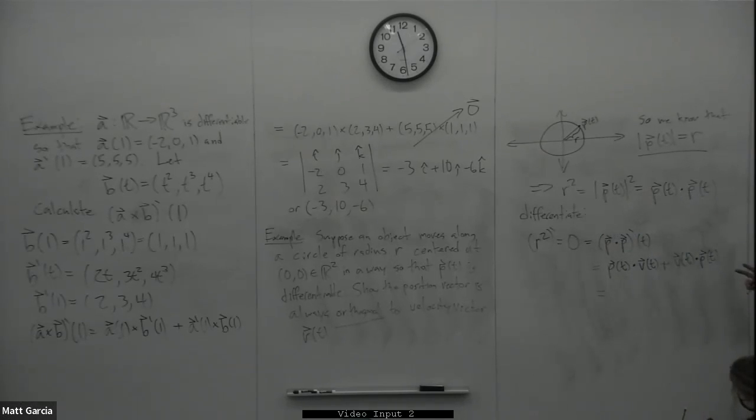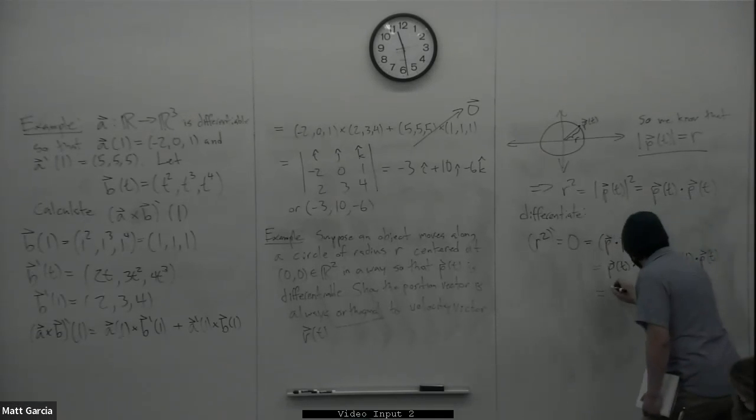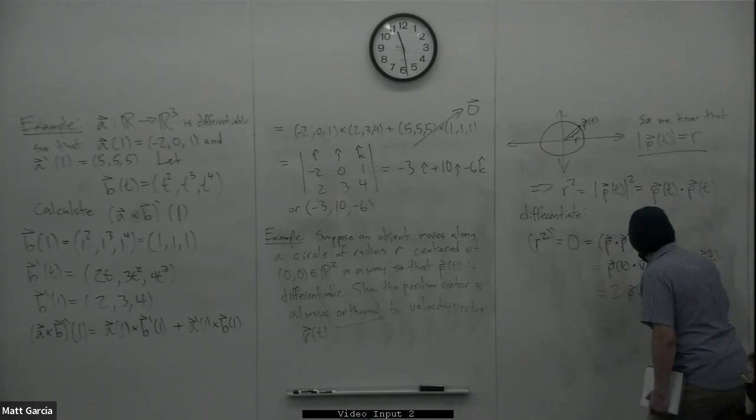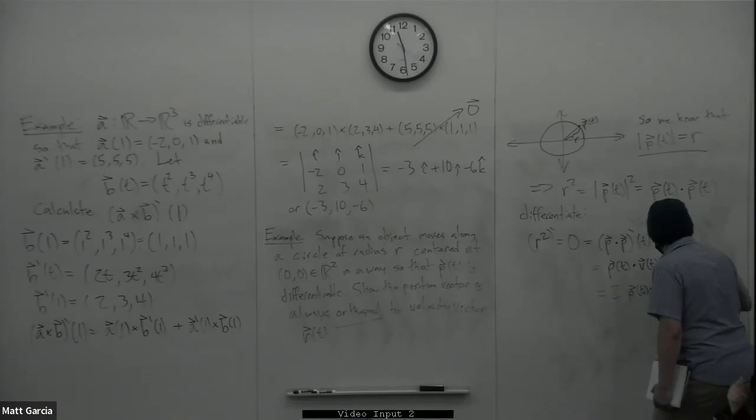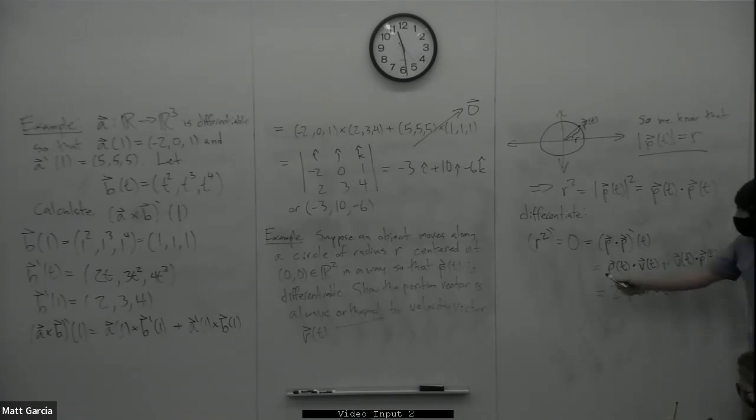The dot product is commutative, right? So this just gives me 2 times the dot product of p of t and p of t. So I have 0 is equal to 2 times this dot product.